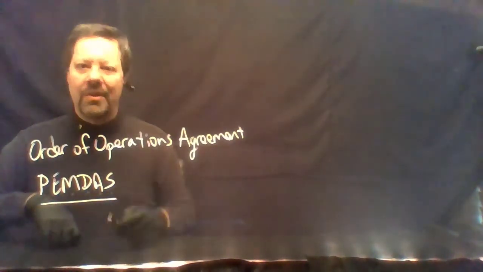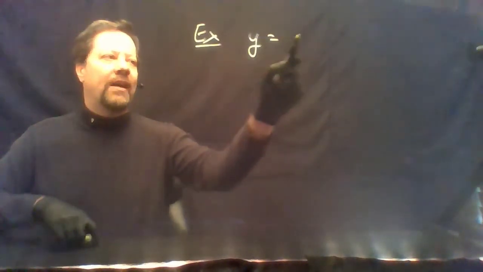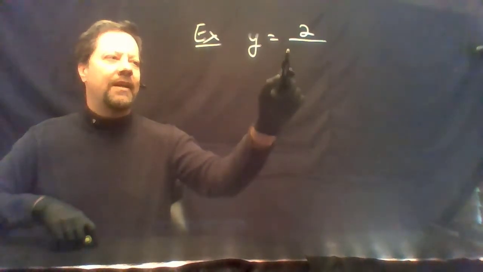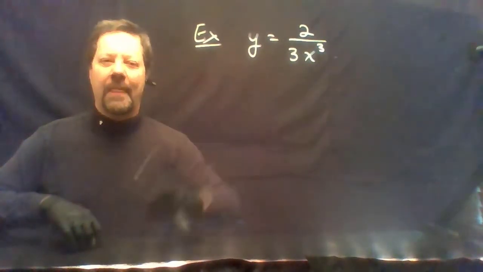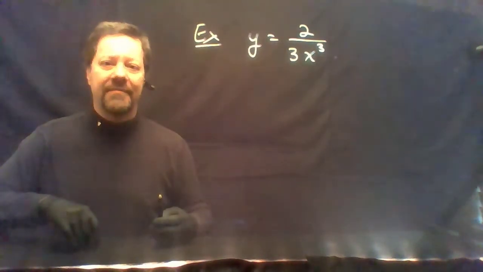This is the order in which you do operations from left to right. Suppose, for example, that I have y equals 2 divided by 3x cubed. How do I calculate the derivative?